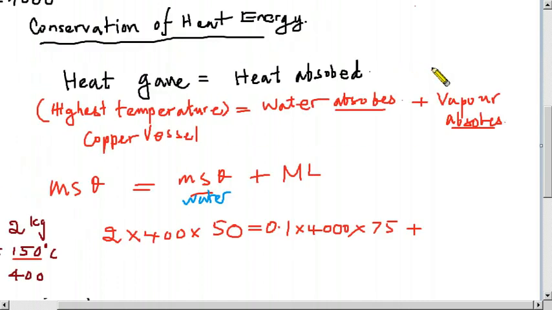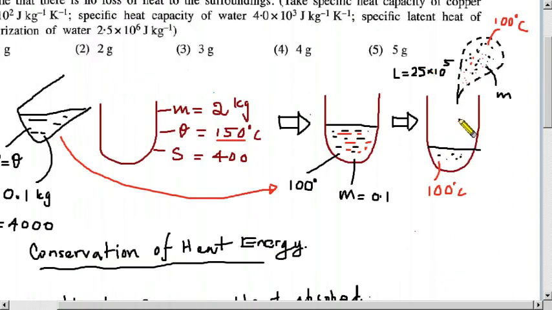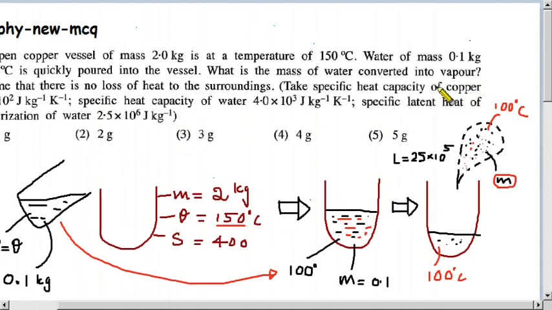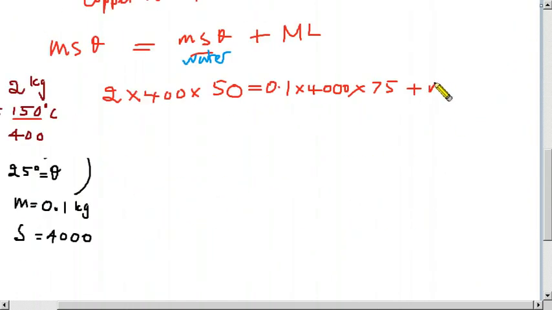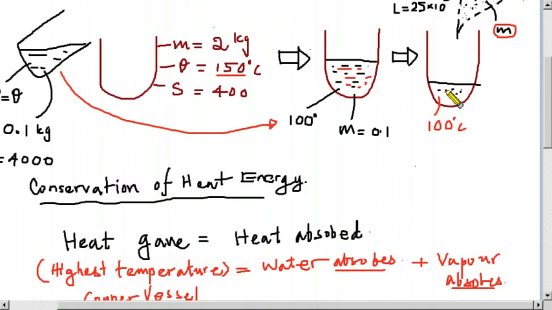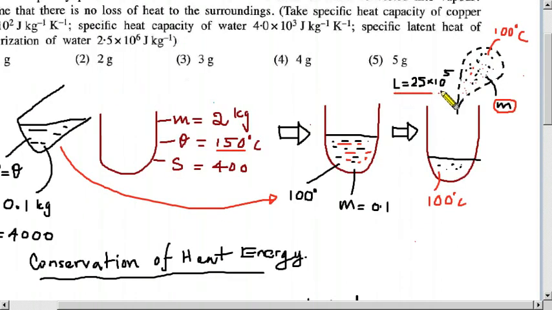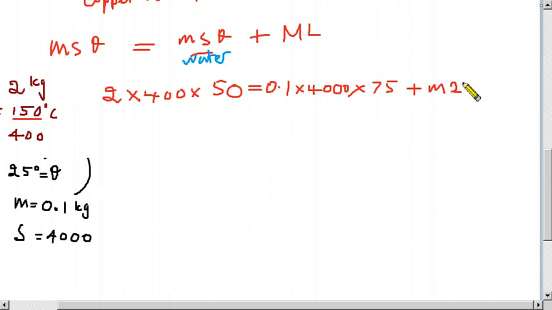Then ml term. ml means for this mass of vapor, so we have taken as just m, so that is what we have to find out, what is the mass of water converted into vapor. So therefore we have to write m. L is given as this one, 25 times 10 power 5.